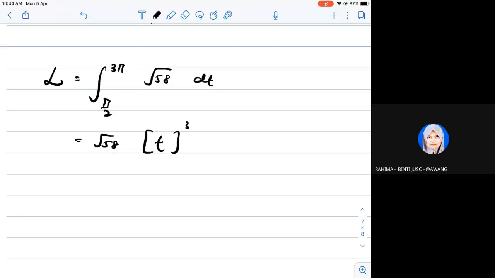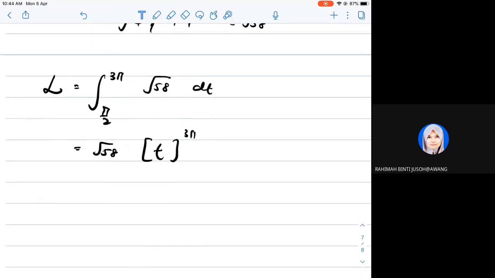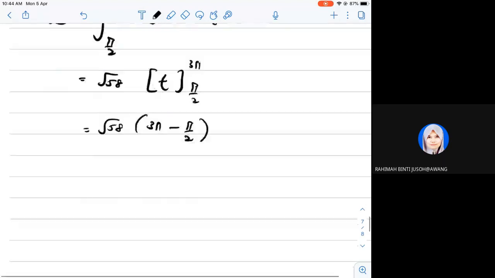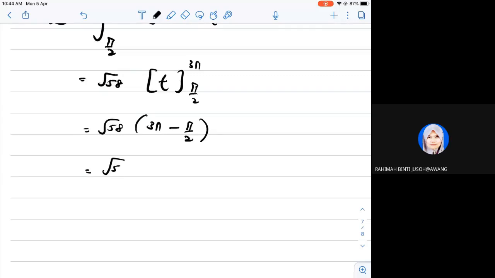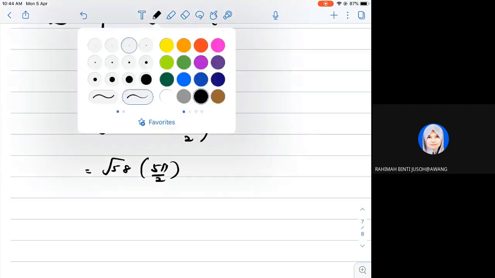Just substitute 3 pi and pi over 2. Square root 58 times 3 pi minus pi over 2. So the final answer is 3 minus pi over 2, 6.15. So square root 58 multiply with 5 pi over 2. So that's the answer.